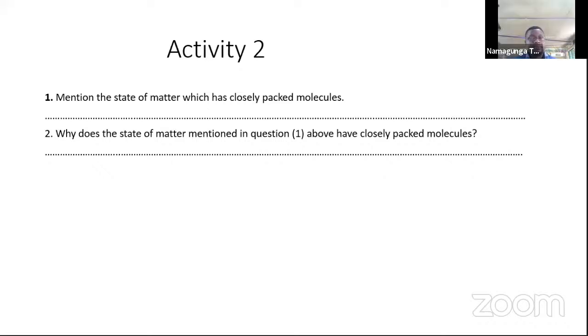They have strong cohesion forces. Very good. Because it has got the strongest cohesion forces. Others have forces, but the other one has got the strongest. That is the solids.